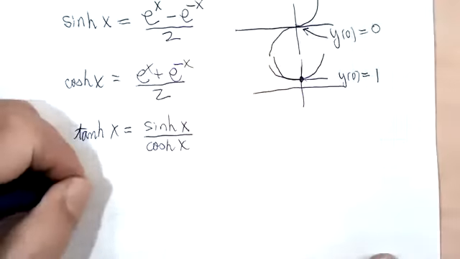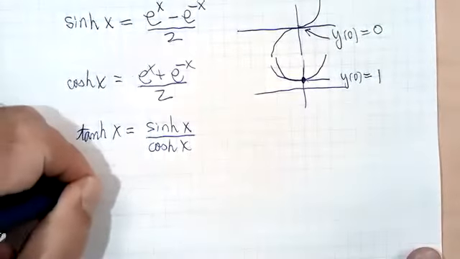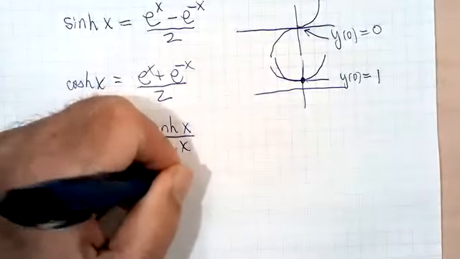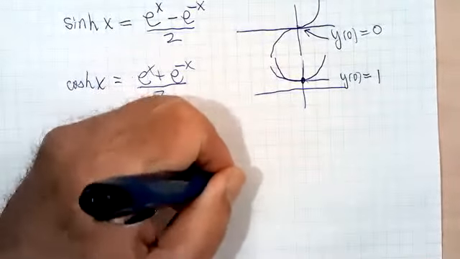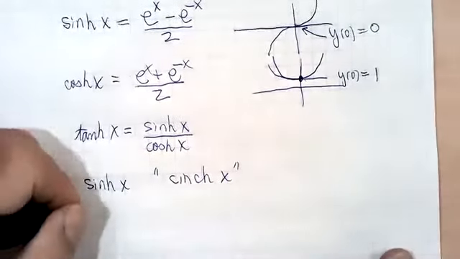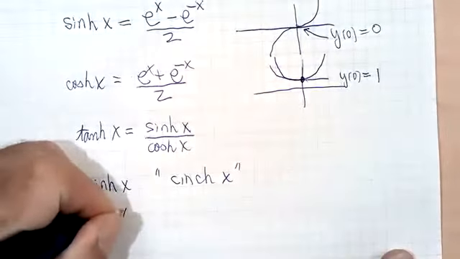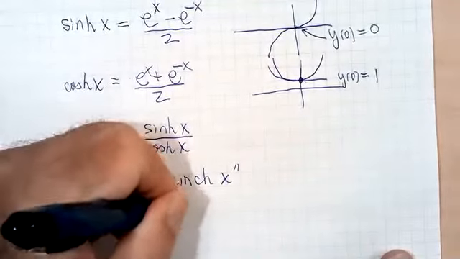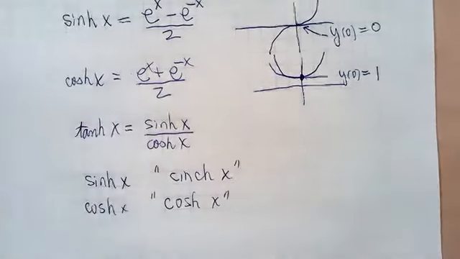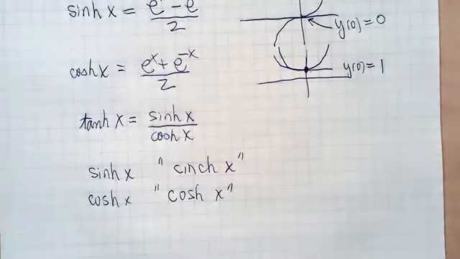A couple of things you should know. First of all is how people pronounce these. This is usually pronounced sinh of x, and that as cosh of x. At least that's the version I was taught.